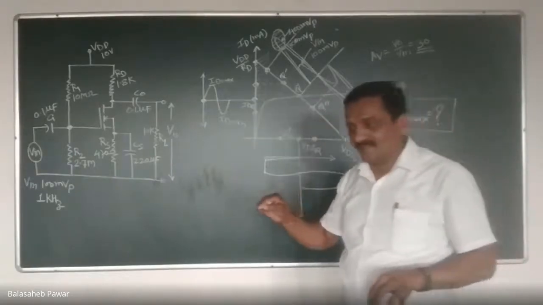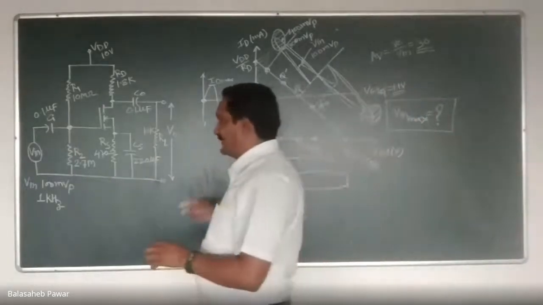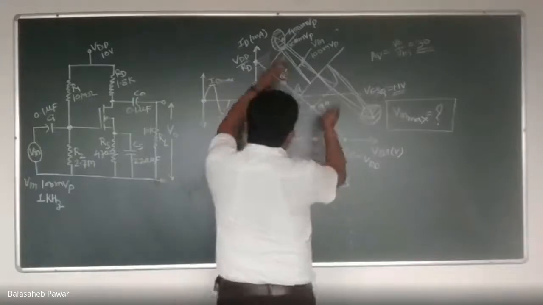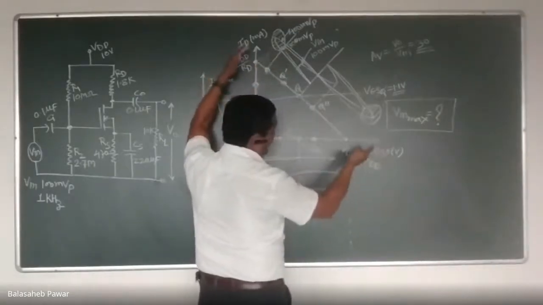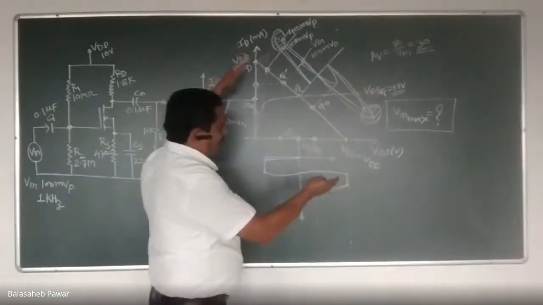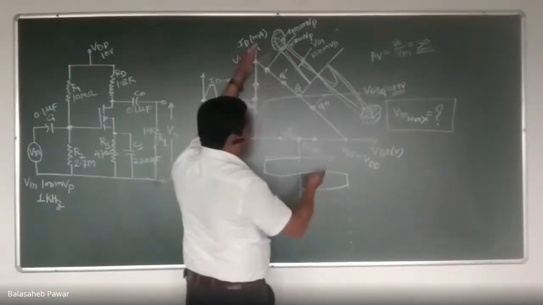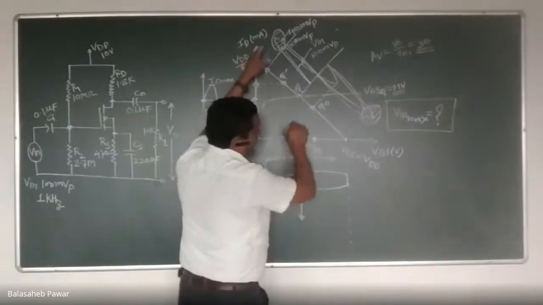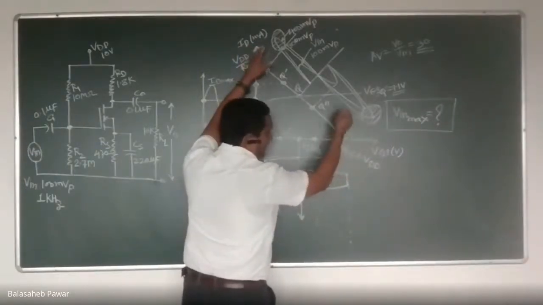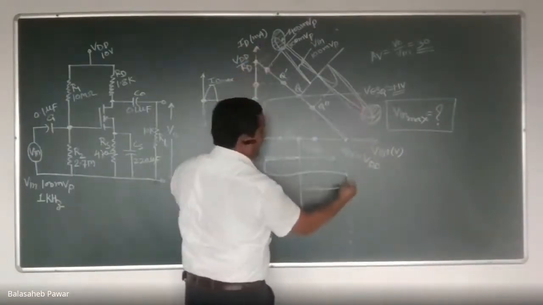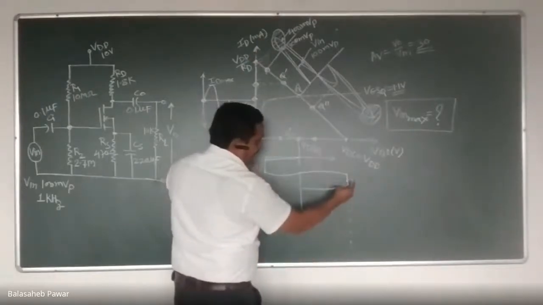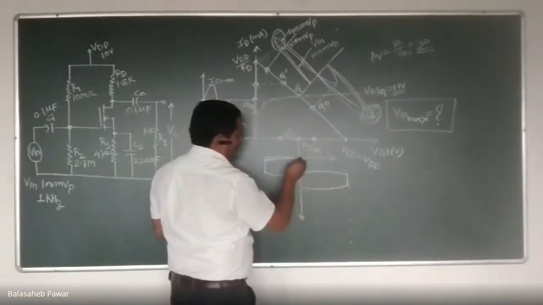Are you getting it? Even if I increase the input signal, because what happens whenever we increase the input signal beyond its maximum handling capacity, the transistor enters the ohmic region during the positive half of the input and enters the cutoff region during the negative half of the input. And there will be clipping. That means the maximum obtained output voltage will be this much.